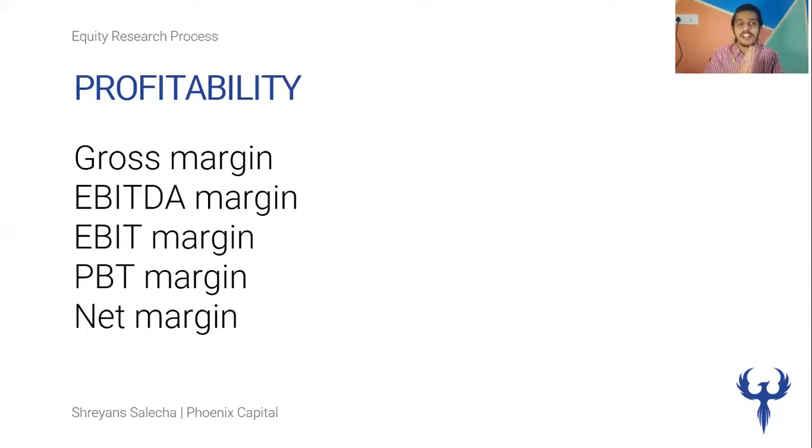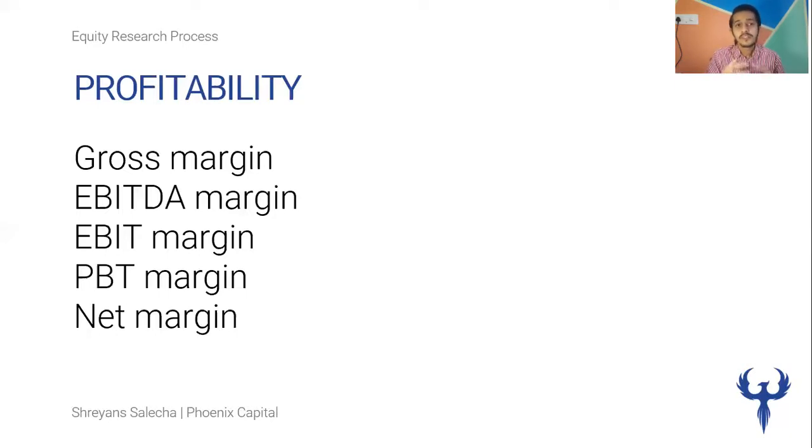A very good way to analyze these ratios, or to analyze the different profits, is to take a look at them in a stepwise or sequential manner, because as you saw, each of these profits is calculated one after the other, in a sequence, right?